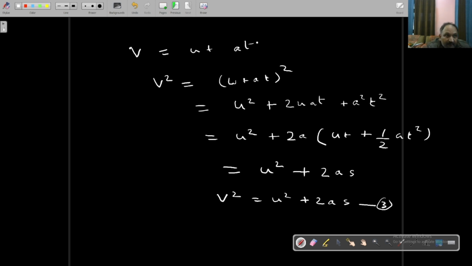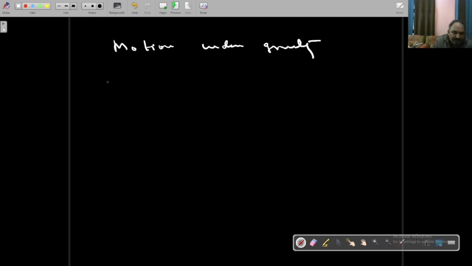Now next, we will study free fall, that is motion under gravity. Okay, for motion under gravity, let us have a small understanding that initially we took motion in the positive x direction and in the y direction, right?